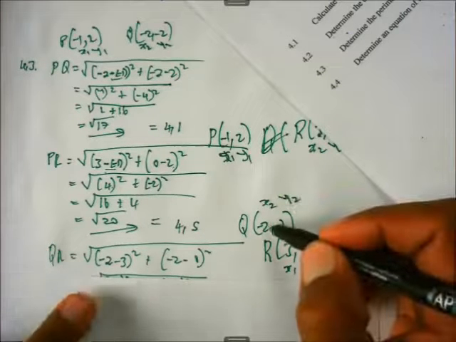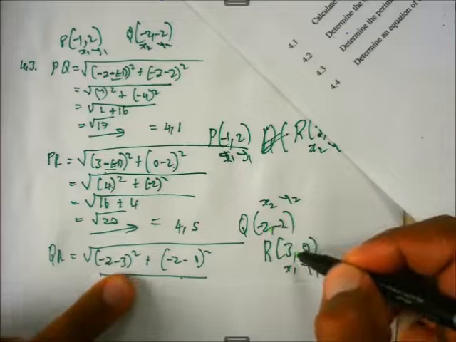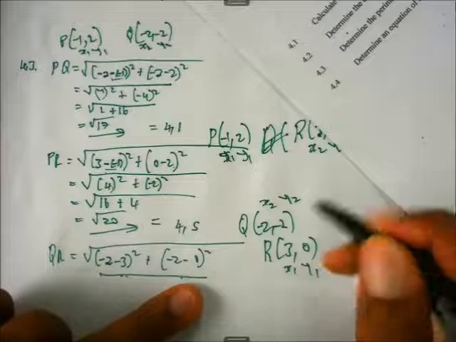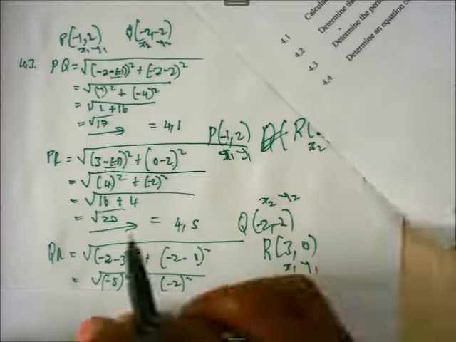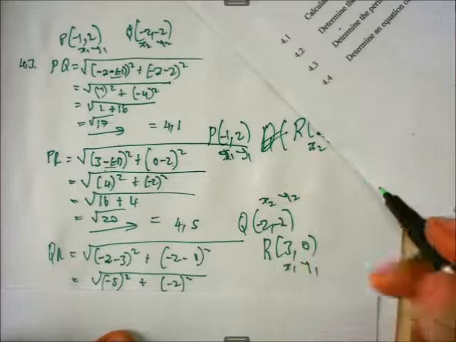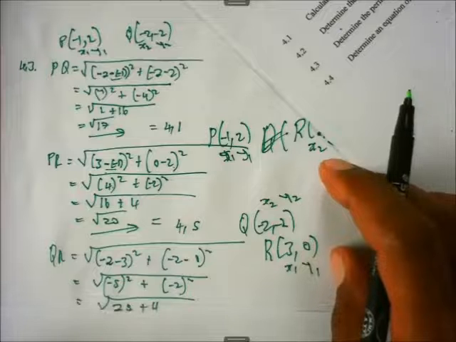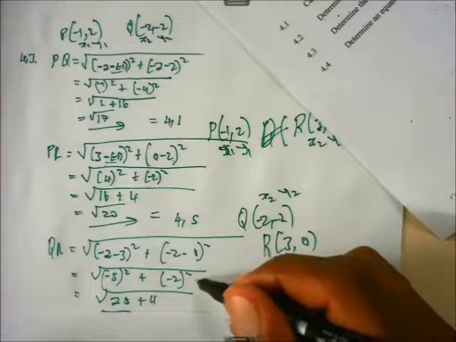Then you are going to have minus 2 minus 3 and minus 2 minus 0. When I simplify the 2, it is minus 5 all squared plus minus 2 all squared. Minus 5 squared is 25, and minus 2 squared is 4.